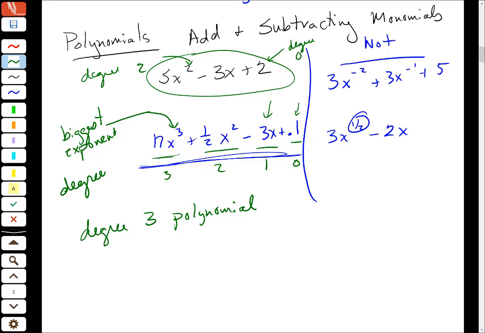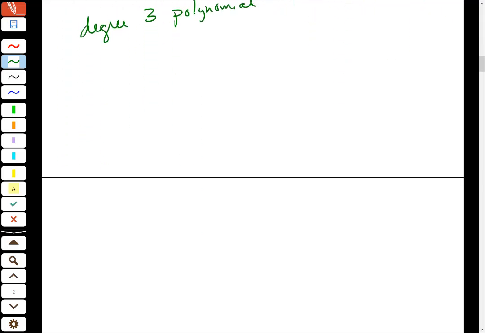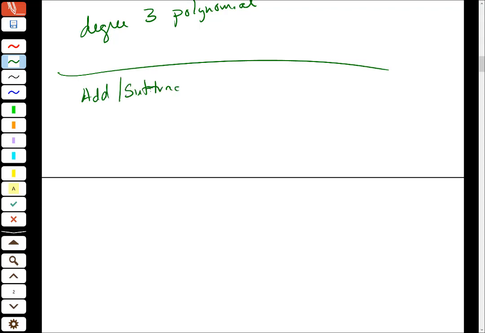So then we're going to talk about how to add and subtract polynomials. I'm going to give some reminders and then we'll do some multiplication as well. So the main thing that you need to remember for adding and subtracting is that we need to add and subtract like terms.